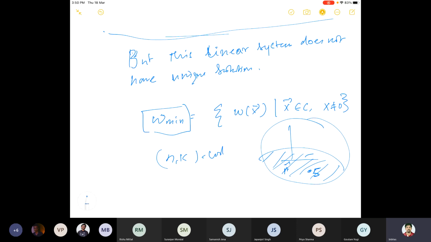So there is a connection between the minimum weight of the code and the error vector, whether there is an error in the received vector or not.